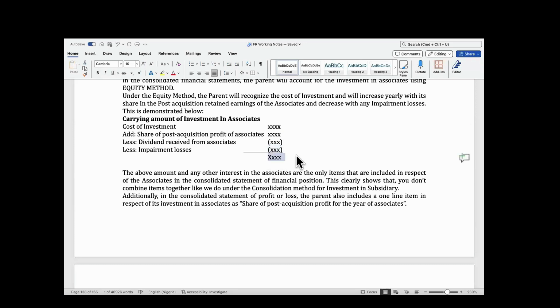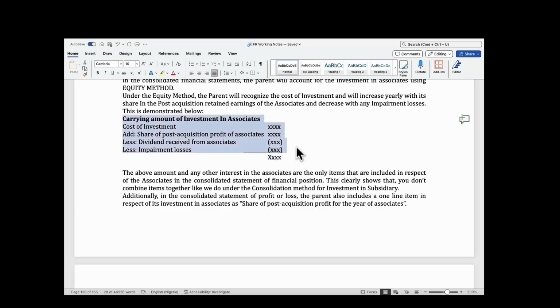So this is the only thing that you put in your consolidated statement of financial position in respect of an associate. That's the only item. You don't consolidate associates like we do for subsidiary. No. This is the only thing you do.